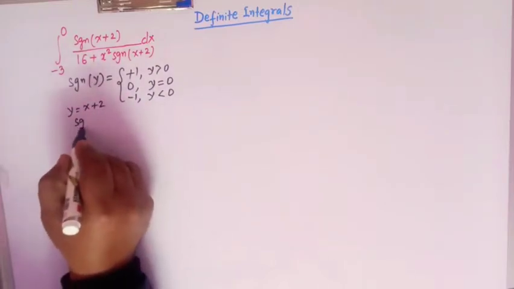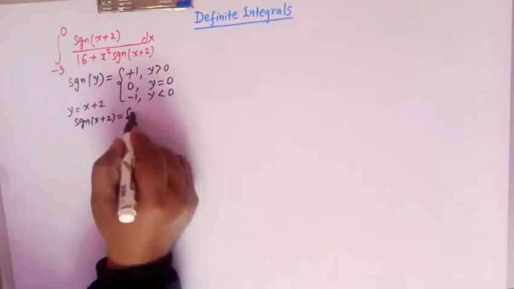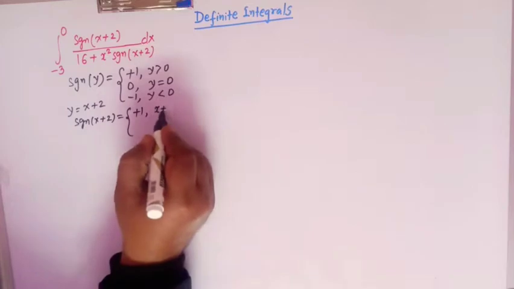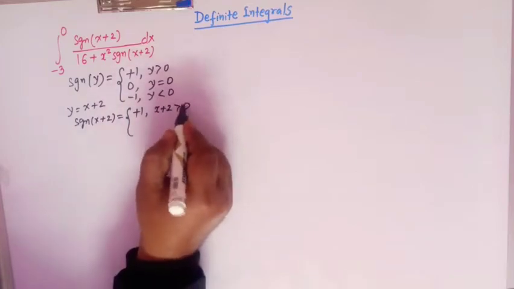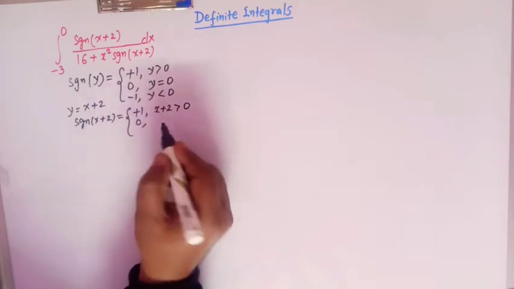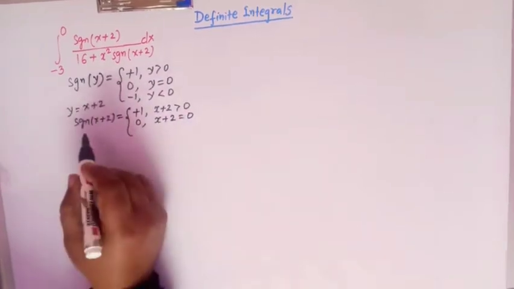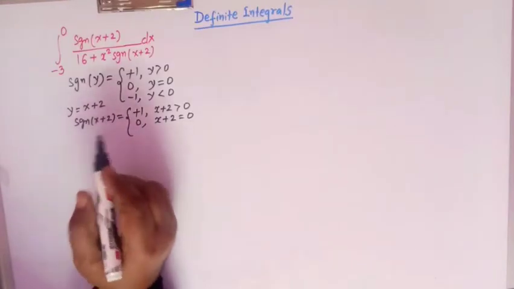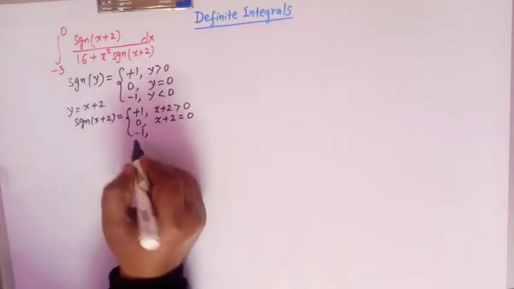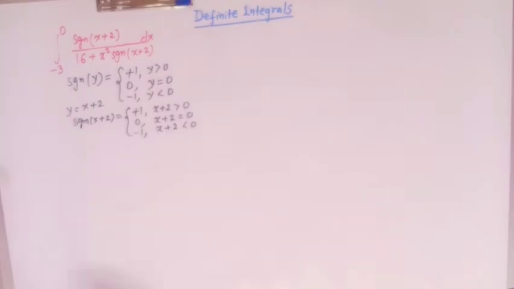So signum of (x+2) is equal to +1 whenever x+2 is greater than 0, equal to 0 whenever x+2 is equal to 0, and equal to -1 whenever x+2 is less than 0.